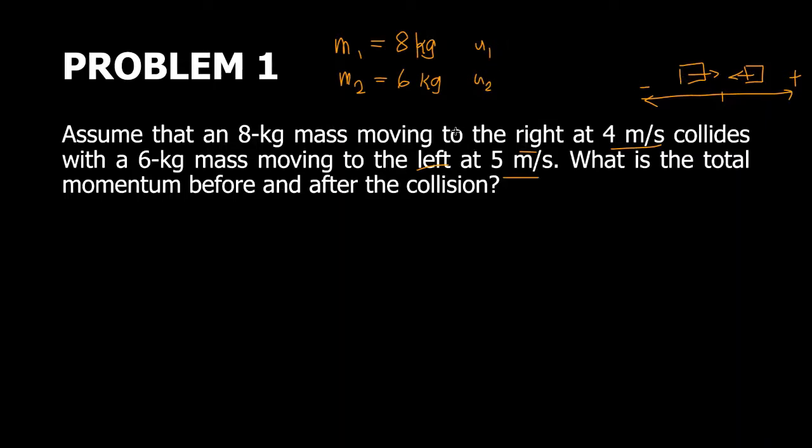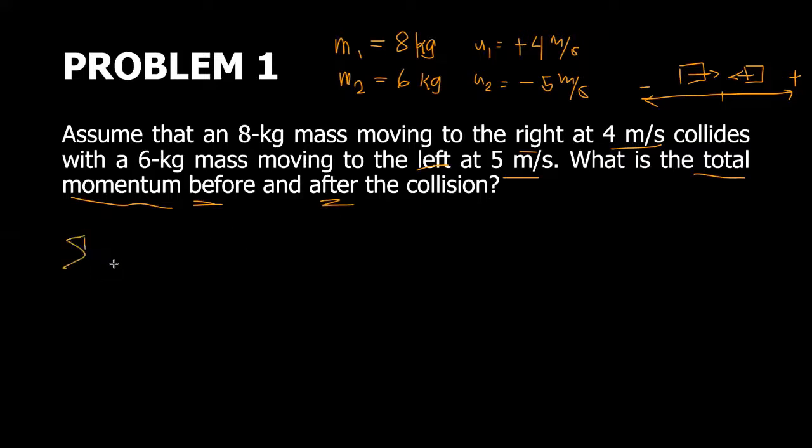So since yung 8 kilogram mass is moving to the right, it has a positive velocity of 4 meters per second. Wherein yung second mass naman natin is moving to the left, so it has a negative velocity of 5 meters per second.